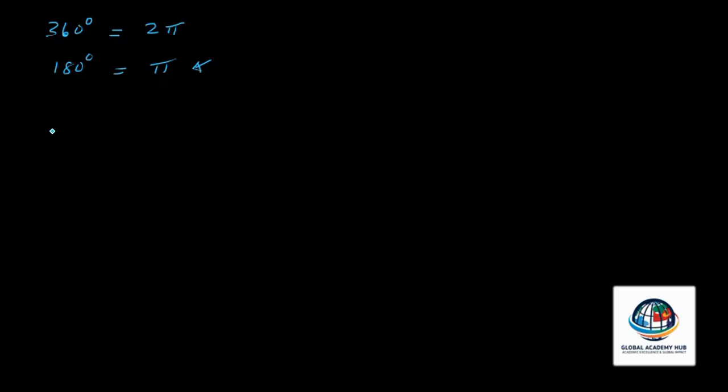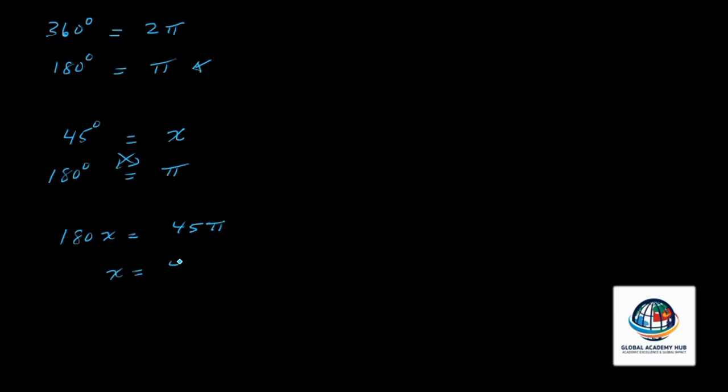So for example, if I have an angle, as in the case like we do, of 45 degrees. So I can say 45 degrees is equal to x, and 180 degrees is equal to pi. And I could just cross multiply, and so I've created a ratio. And so once I've done that, I'm going to get 180x is equal to 45 pi.